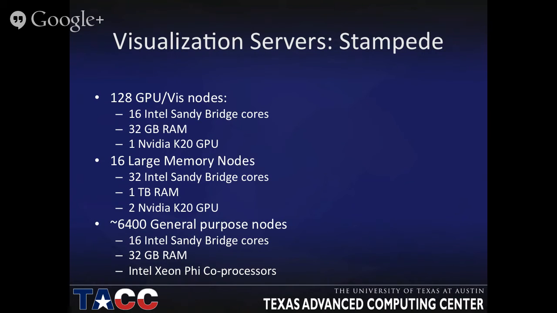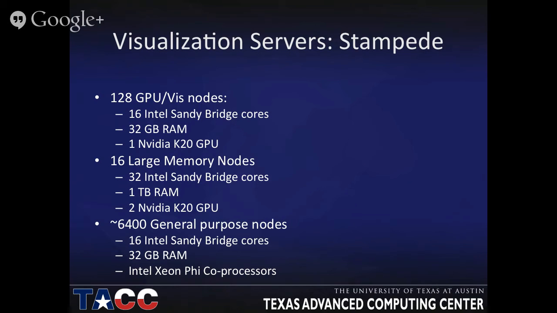It is over 6,400 general purpose computers interconnected by, again, a very, very high-speed interconnect. Each one has a mere 16 cores and 32 gigabytes of RAM, but it has these Xeon Phi co-processors. And the aggregate of that is a huge amount of compute. 16 of its nodes are also large memory nodes.